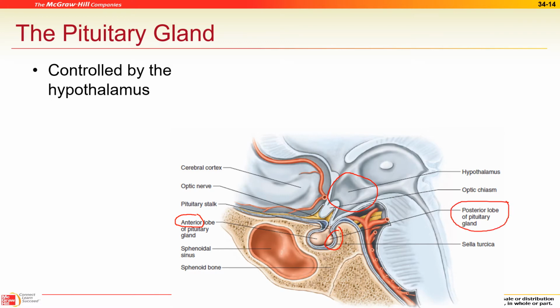The anterior is the adenohypophysis. And there's a lot more products produced and released in the anterior pituitary. But the hypothalamus is that bridge between the nervous system and the hormones. So from the brain, it has to pass through the hypothalamus to affect pituitary function.